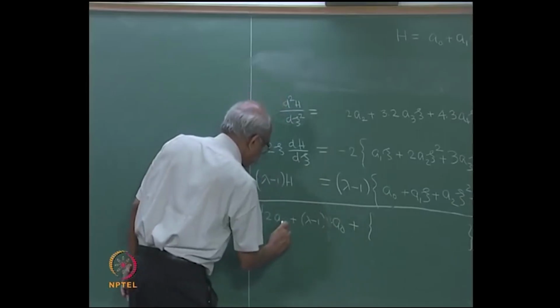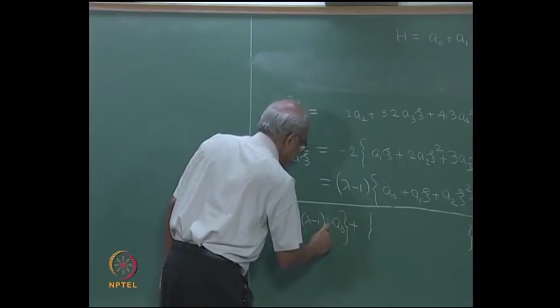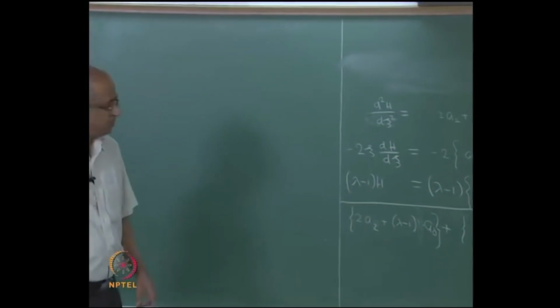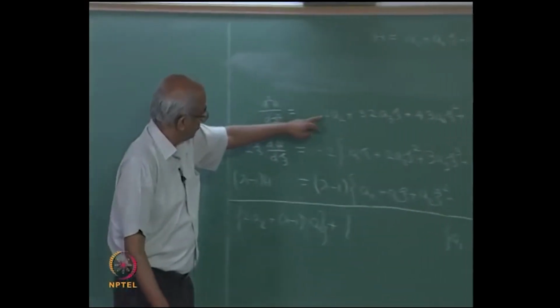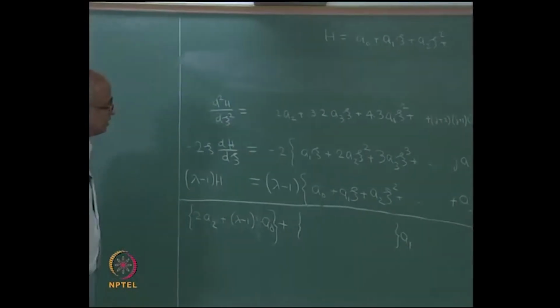Please watch out, you see I do make mistakes. So, it is actually 2a2, I have taken 2a2 from here and lambda minus 1 into a0. So, that is fine.